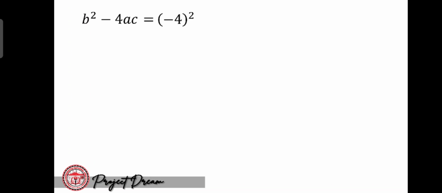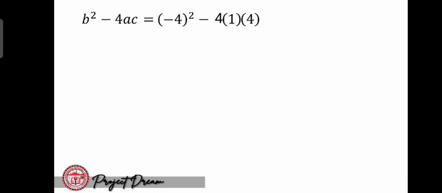So it becomes quantity negative 4 squared. Copy the operation, which is subtraction. And then copy 4. And then substitute the value of a, which is 1. And then the value of c, which is 4. So it becomes quantity negative 4 squared minus 4 times 1 times 4.